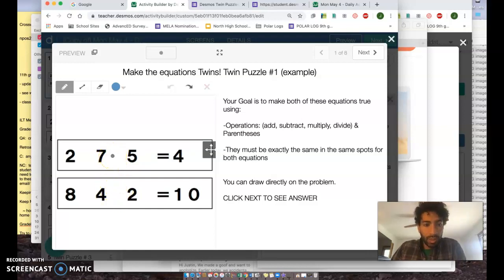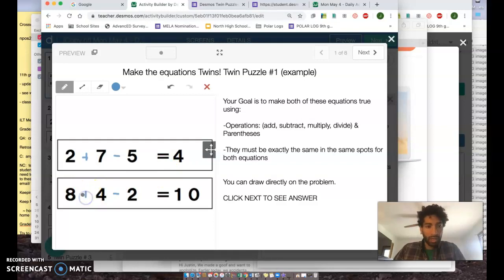What did I do last time? This is embarrassing. 7 minus 5 is 2, plus 2. Okay, so if we do 7 minus 5, that will get us 2. And if we add 2, that will get us 4. Let's see if it works here. 4 minus 2 is 2.